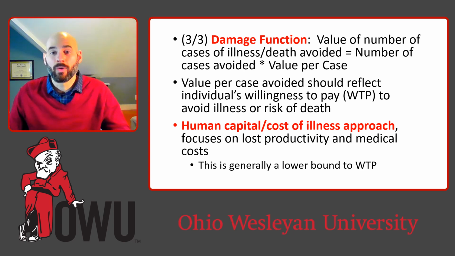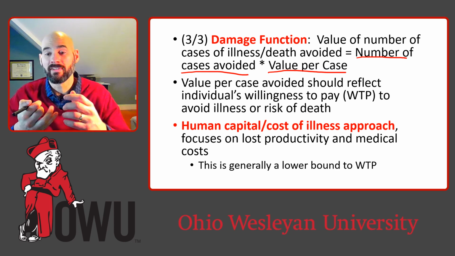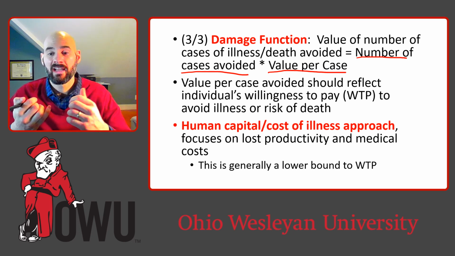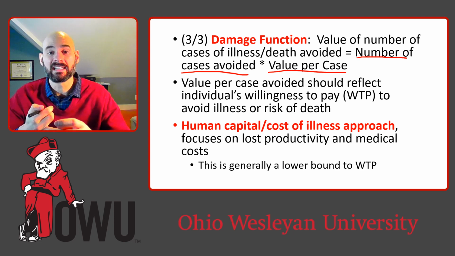The damage function is going to be taking the health outcome, being in this case, the number of cases of whatever health outcome we're considering, and multiplying it by the value of whatever that outcome is, if it's a case avoided or if it's a case imposed, if it's death or if it's a sickness.